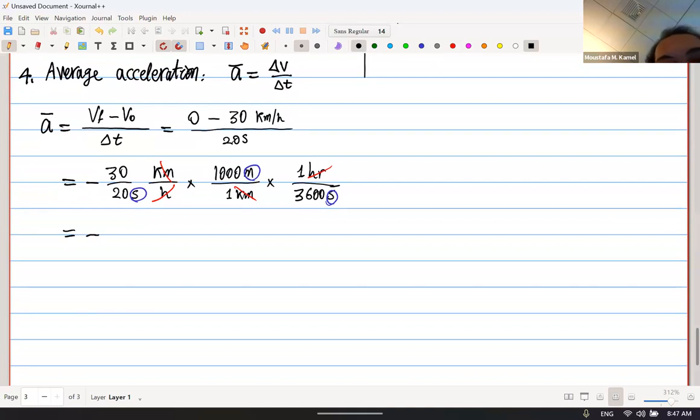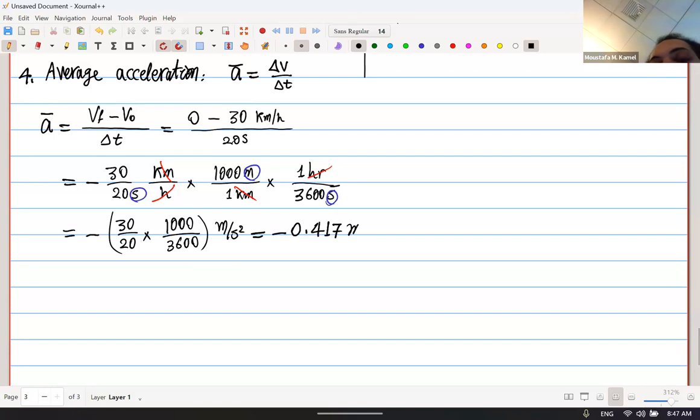So this is negative, again, you can calculate that, 1,000 over 3,600 meter per second squared. I guess I calculated it somewhere here. Yeah, this is negative 0.417 meter per second squared, or meter per second per second.